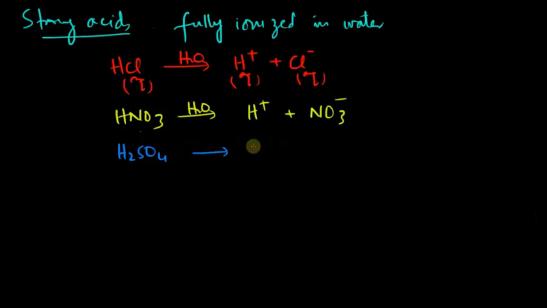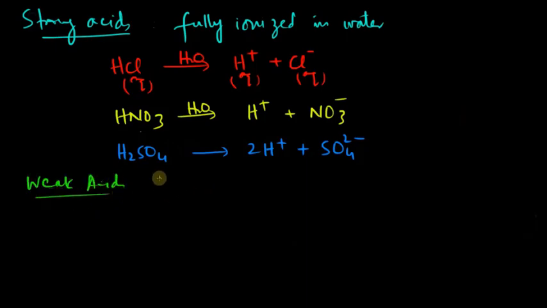It will convert fully into its ions to form H plus ions plus SO4 2 minus ions. So these equations represent that strong acids are fully ionized in water and no molecule is left unionized. But what about weak acids?